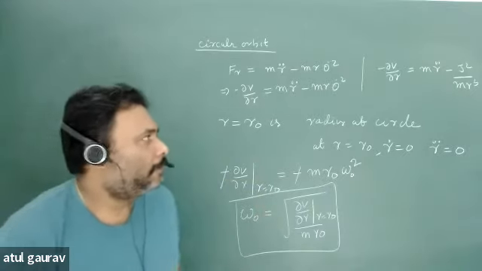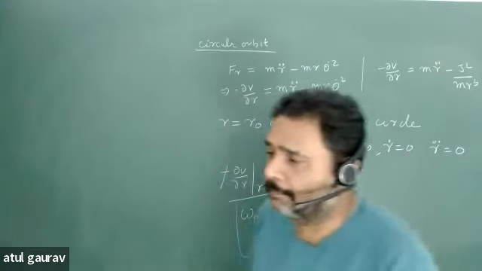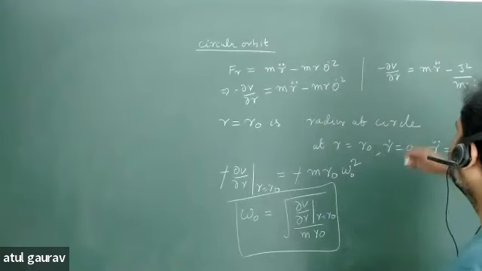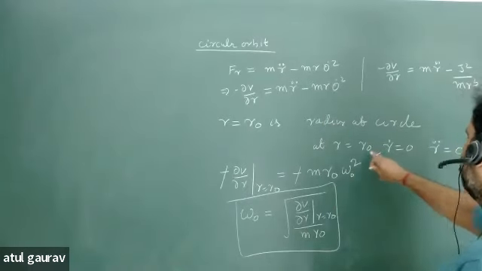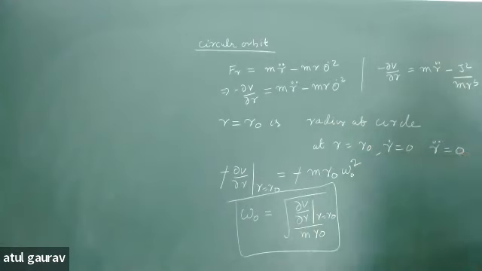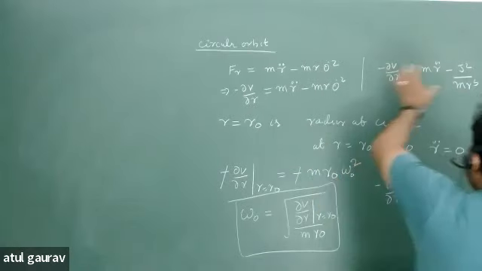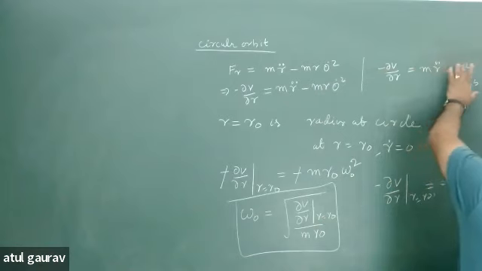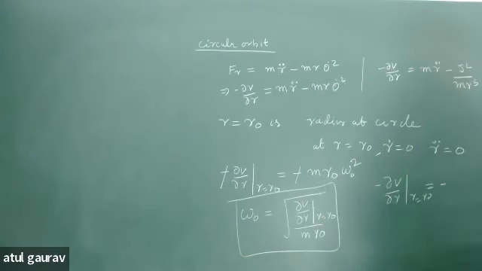And again, from here you can easily find the angular momentum. Again at R is equal to R naught, R dot is equal to 0, R double dot is equal to 0. So again you have minus del V upon del R at R is equal to R naught. This term is going to 0. This term and this term are actually the same, both are centripetal force. So this will be minus J square upon M R naught cube.